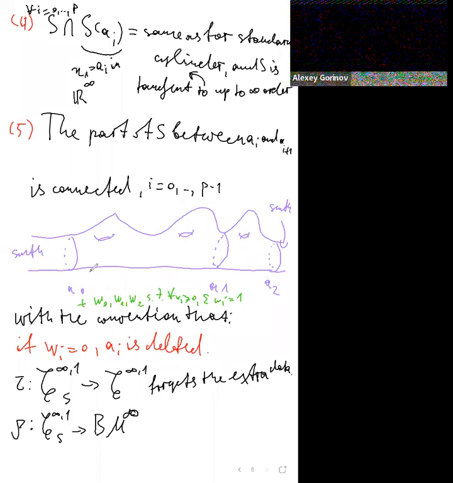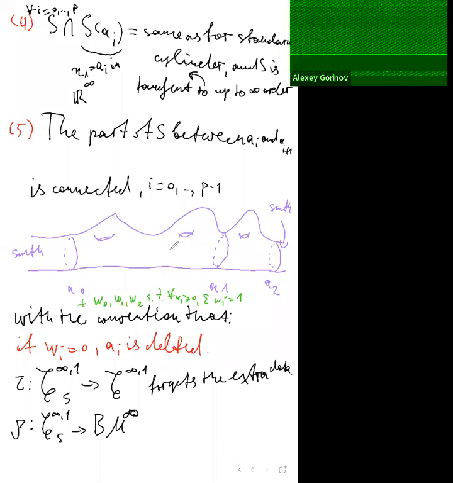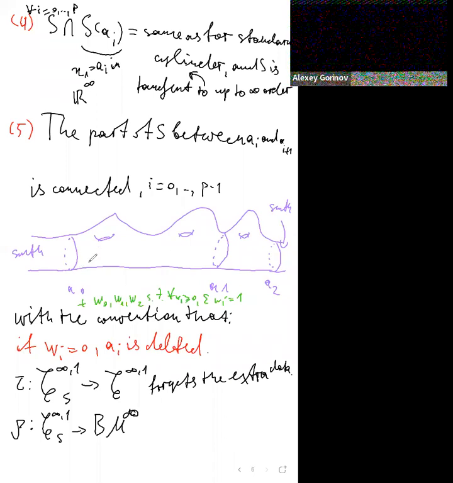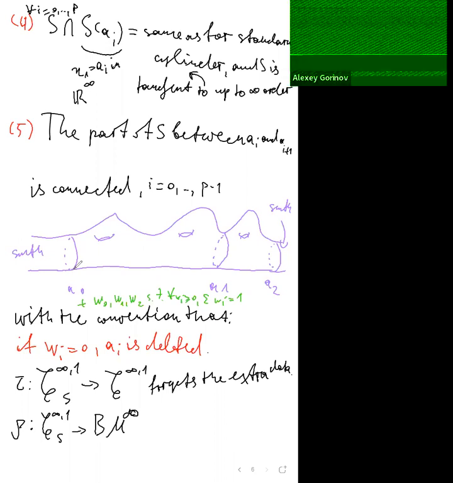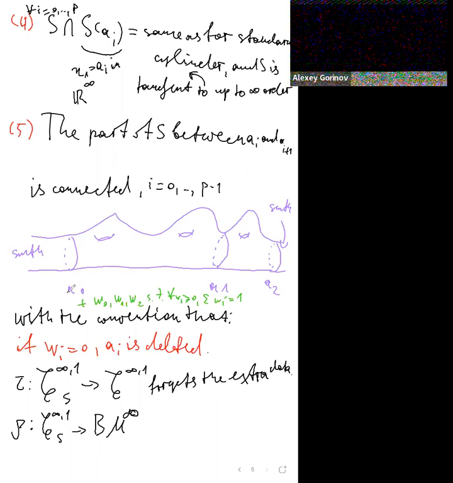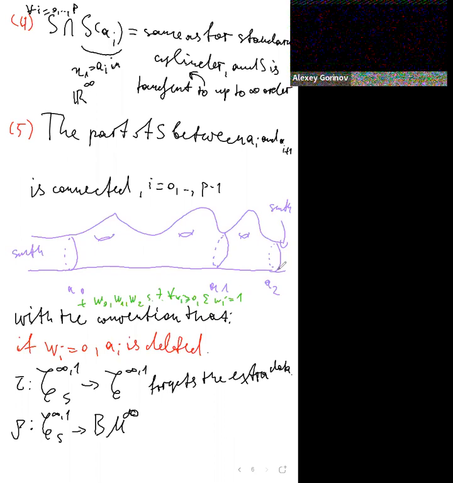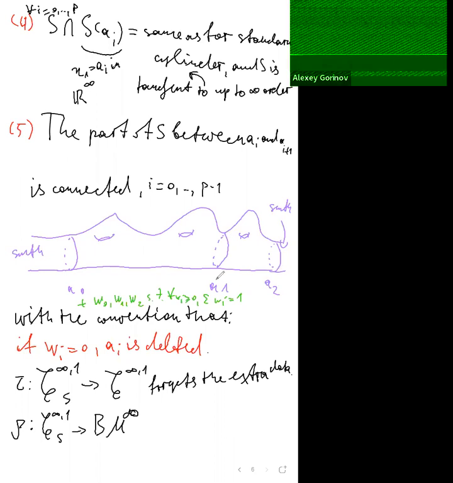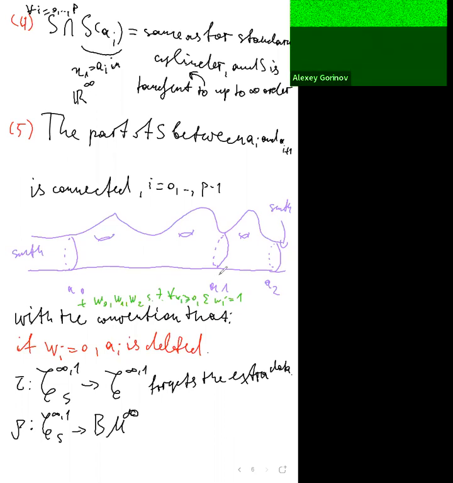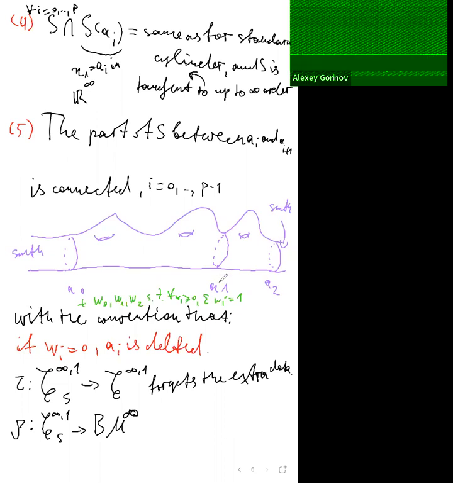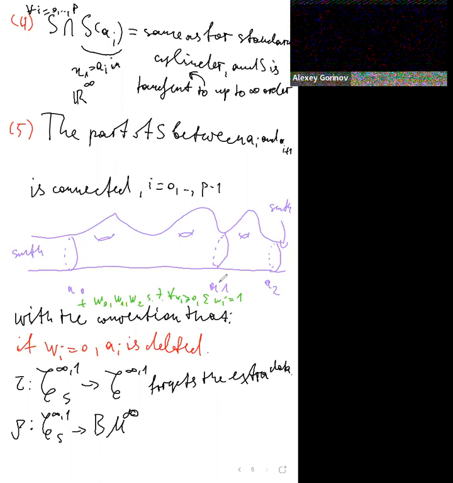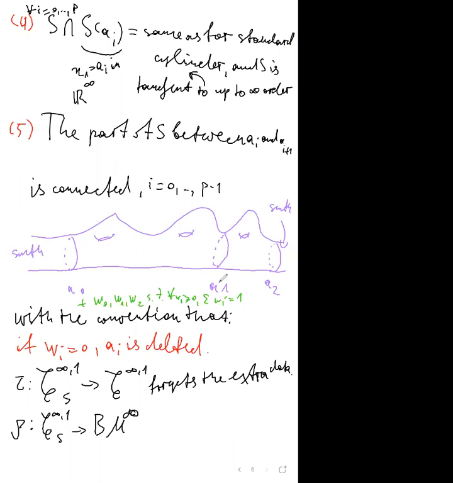Well, just by looking at this picture, it's pretty clear how to get two surfaces with boundary. We throw away everything which is to the left of A0 and everything which is to the right of A2. And then we cut along A1 and we get two surfaces. Grisha, does this make any sense? Yes.